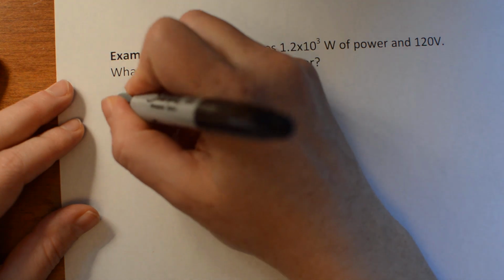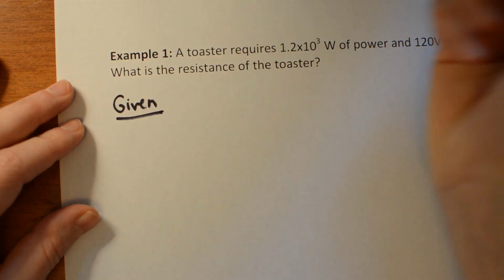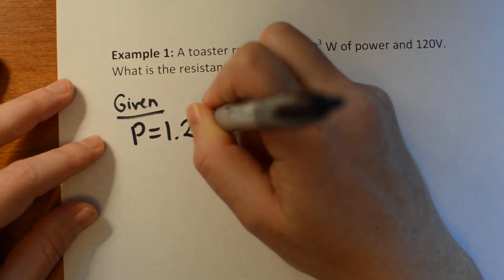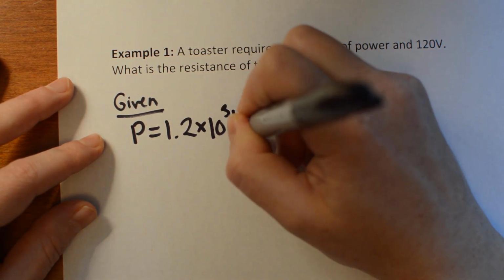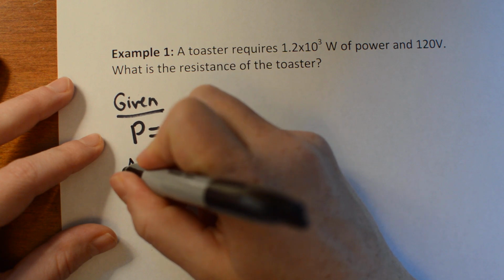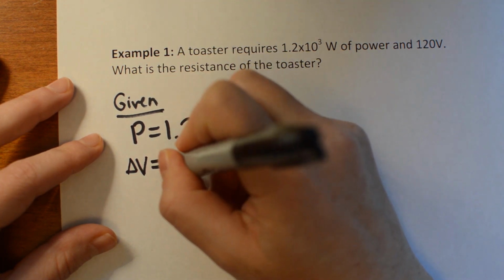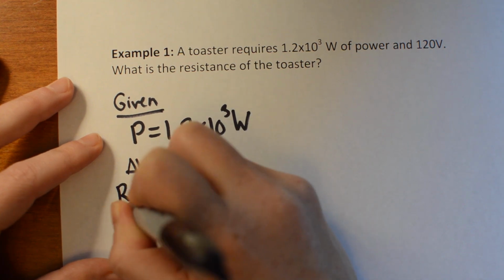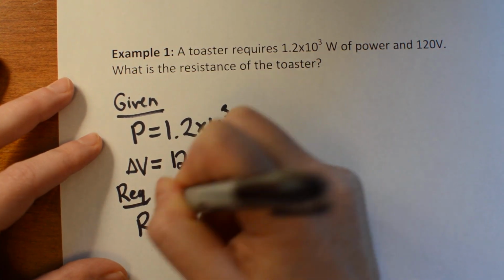So first let's write down our given here. We know the power is 1.2 times 10 to the 3 watts. And we know the potential or the voltage is 120 volts. And the required is the resistance. That's what we're trying to find.